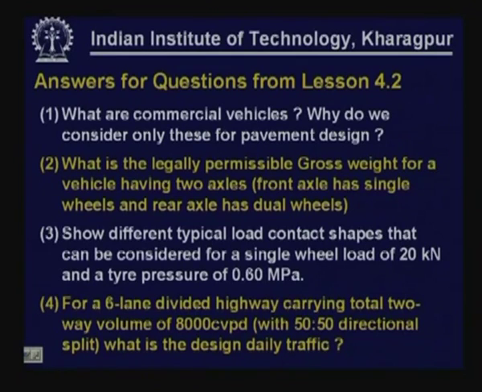Since you have 3 lanes in each direction, if you refer to the previous lesson, we have said 60% of the traffic in this direction has to be taken if it is a 3-lane separate carriageway. So this becomes 4,000 into 0.6, which is equal to 2,400 commercial vehicles per day. That is the traffic that we have to consider in this direction.